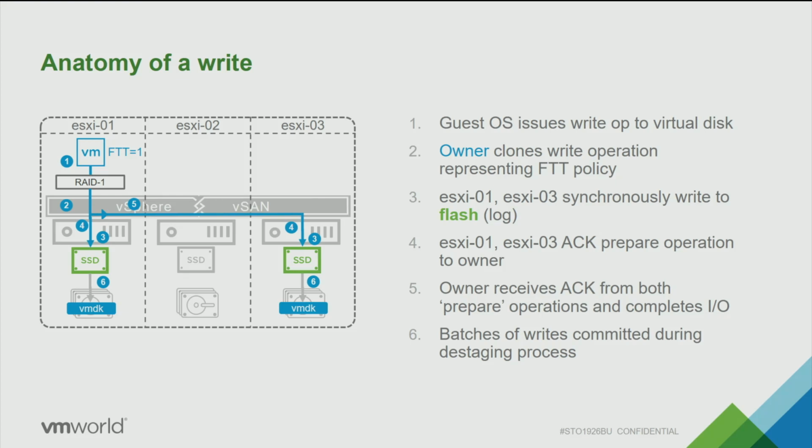We're going to wait for that to be acknowledged as persistently written to both copies. Important, we wait on both. And then that acknowledgement is going to come back through the vSCSI layer, and we're going to acknowledge to the OS that your data's been written. So there's no situation where, if one host blows up and one's still running, data gets out of sync. We're waiting on that. We do this very quickly.